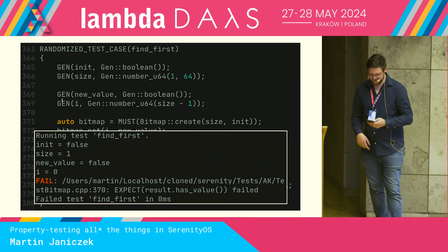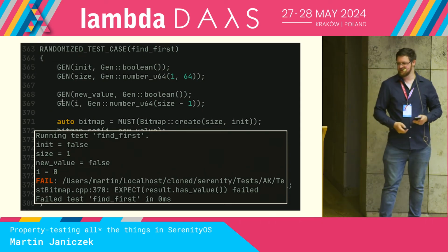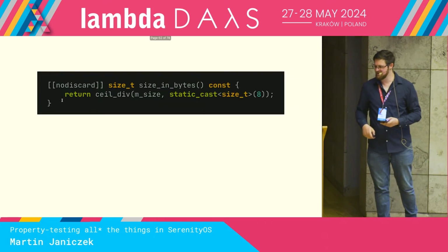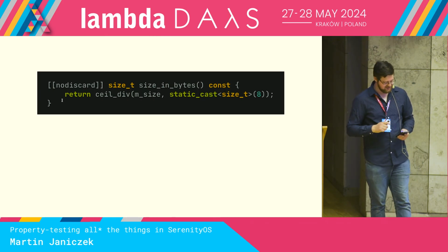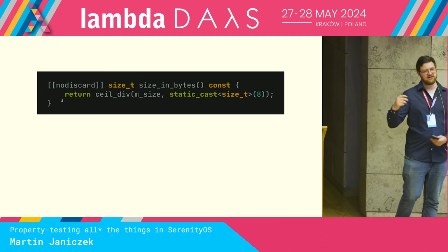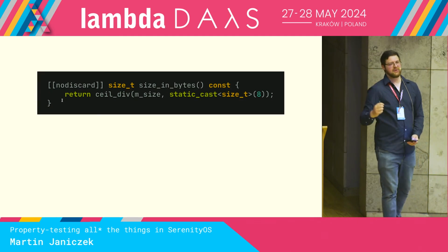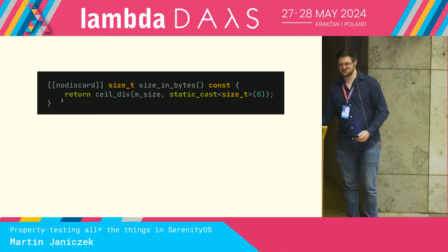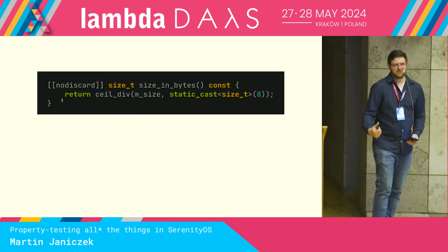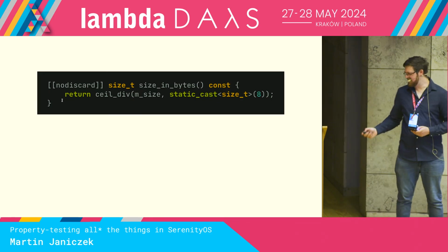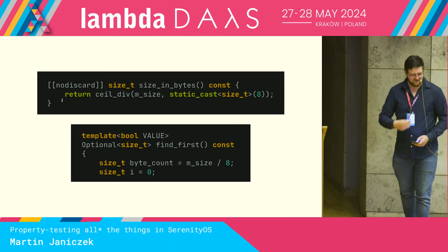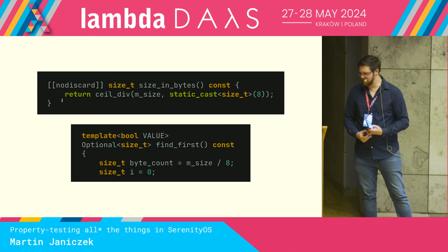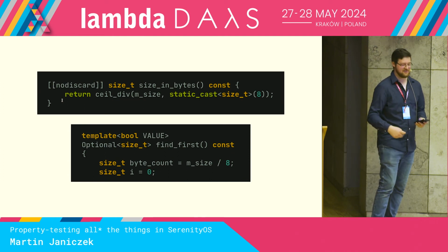And so I started investigating in the source code, like why does that happen? Turns out they have a helper function called size in bytes for the size of the bitmap in bytes, and it uses ceiling division, right? So if you have 10 bits, it's 2 bytes, not 1. But some other code, when it tried to find something in the bitmap, used flooring division.